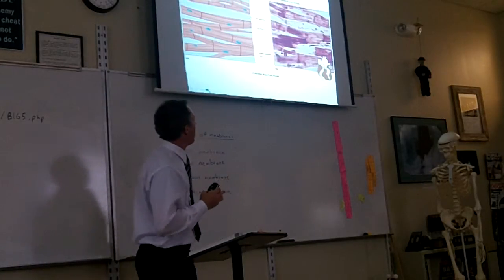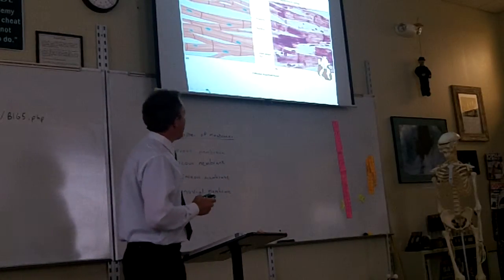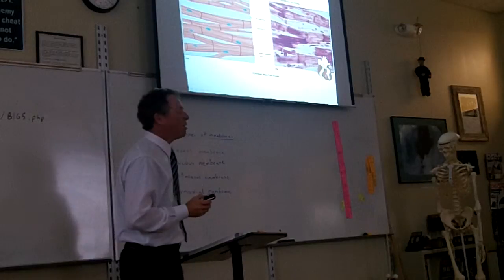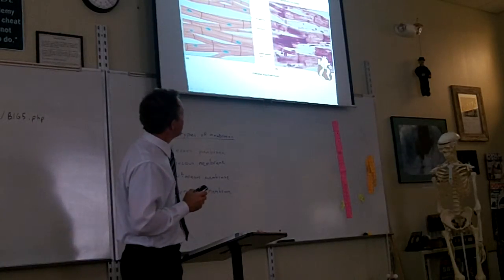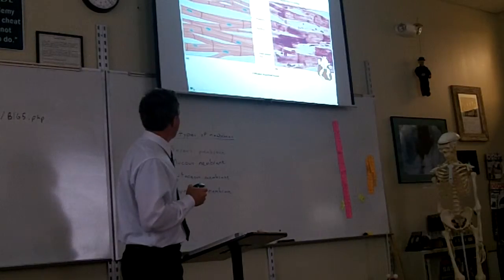Then finally you have cardiac muscle. And cardiac muscle is muscle that's found only in the heart. And it has striations. Do you see the striations there? But it's not nearly as organized as the skeletal muscle. And the cells are kind of branched.